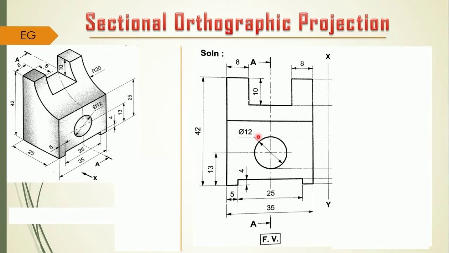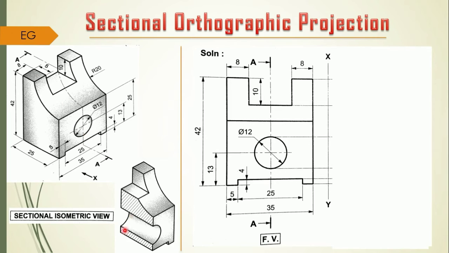Now we go for the sectional side view, which is actually our part of interest. As we cut the object along the section line AA, then your object seems to be like this. So here you have the sectional isometric view.